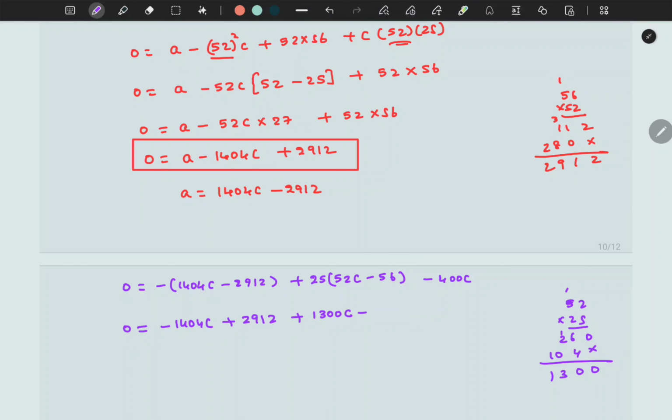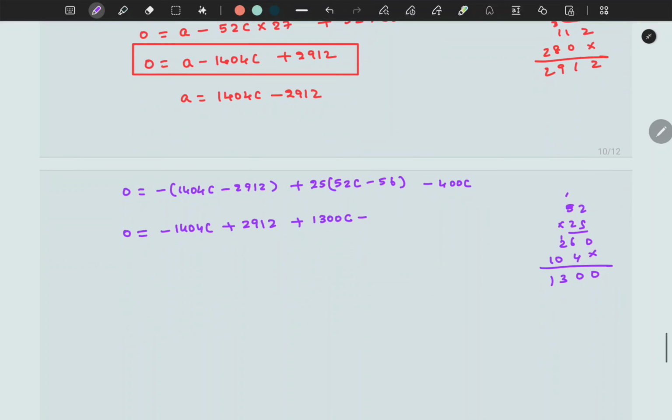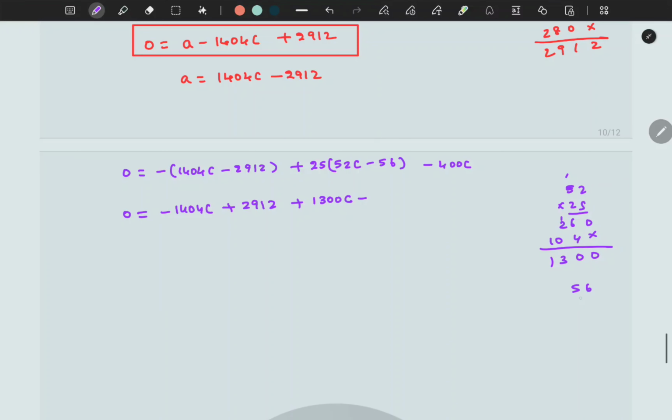Did we find 25 into 56? No. Okay, quickly we'll find that also. 56 into 25. This question is very calculation intensive. 5 6s are 30, 5 5s are 25 plus 3 is 28, 2 6s are 12, 2 2s are 4, 2 5s are 10, 11, 2 3 4. I think we again get 1400. So here we have minus 1400 minus 400c.